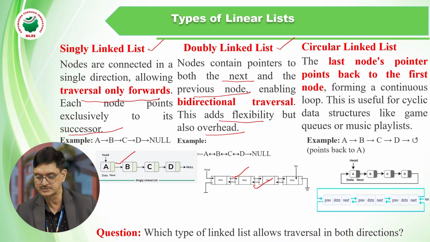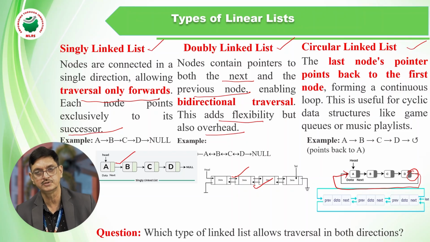Now we have a special type of linked list called a circular linked list, where the last node, which previously contained only a null value, is replaced with the address of the first node, so that after reaching the last node we can directly come to the first node. This enables us to search or perform any operation anywhere in the list, even in the middle.